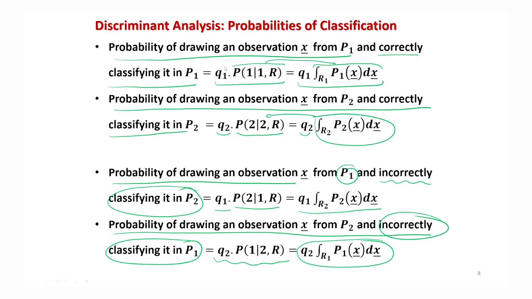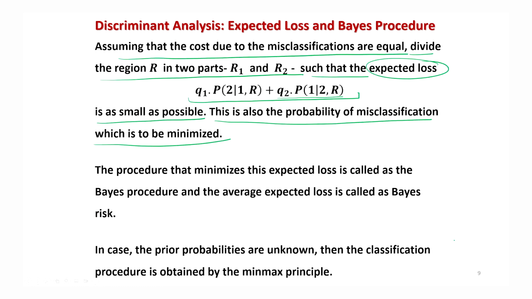If you try to see here, these are the 2 probabilities of misclassification, right. There will be some cost factor here, because we are assuming the costs due to misclassification to be equal. So, that is why they are not appearing here. At the end, I will try to extend this loss function to the case when we have different costs due to misclassification, right.